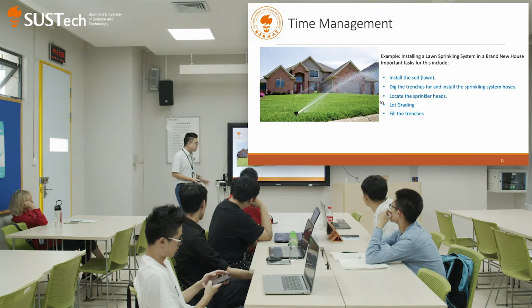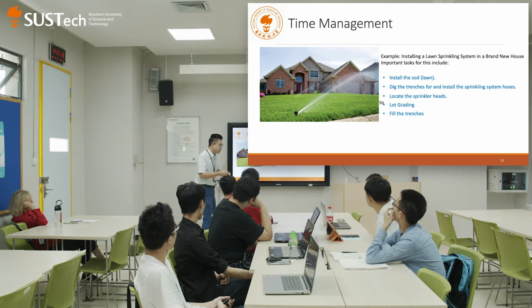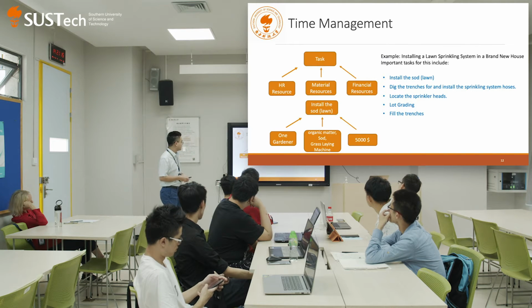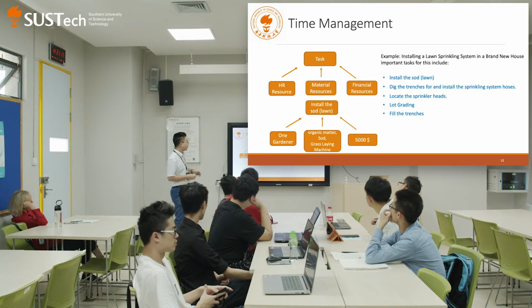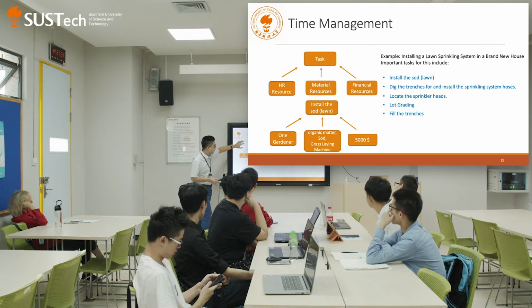So after we identify the major tasks that should be involved to accomplish the overall project, the next step is to find out, for each specific task in the document, what resources are needed.